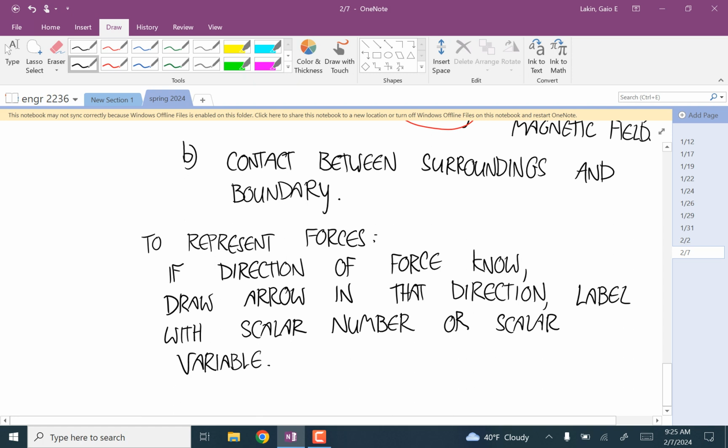Why do you only need a scalar as a label for this? Because if you know the direction and you can draw that arrow, then the only variable that's unknown is the magnitude of that force vector. This is a way to be clear to yourself about how many variables you're introducing into your equations.